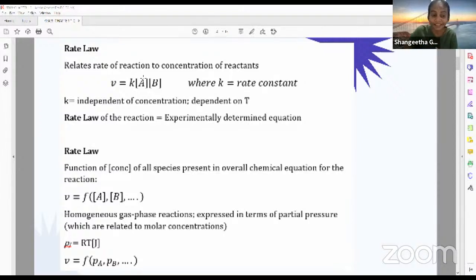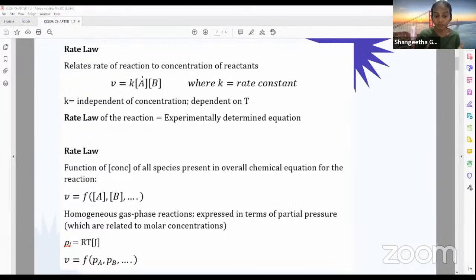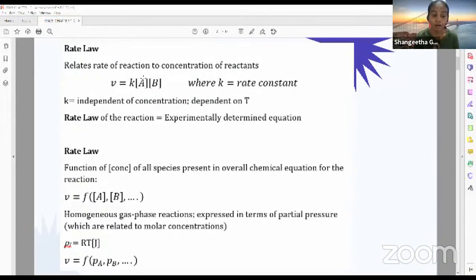That is what we will be learning in the following 4 lessons, where we will learn the different ways you can use to come up with your rate law or rate equation. Rate law is basically a function of the concentration of the species, in this instance the reactant species present in your chemical equation, say for example A, B, C, and so on.